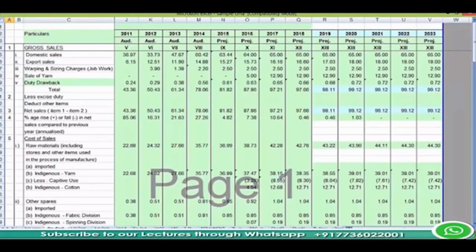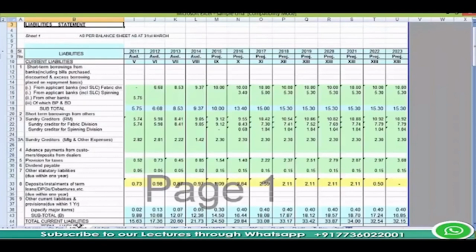The second input sheet is the liability statement, where you will be giving all the information about the liabilities. Audited is picked up from audited financial statements, and all these estimates and projections are given by the customer, what he is planning for the future.